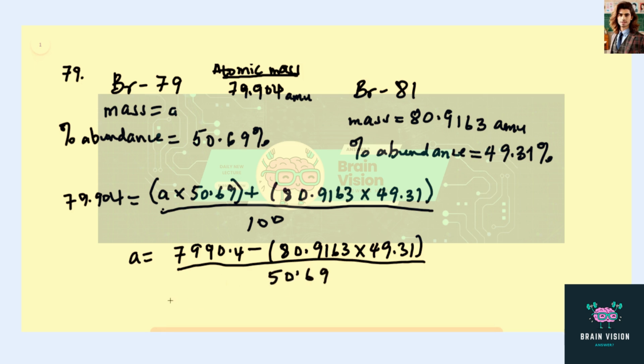And when you solve for this, you're going to get a value of 78.9193 atomic mass units. So that is the mass for bromine 79, the second isotope.